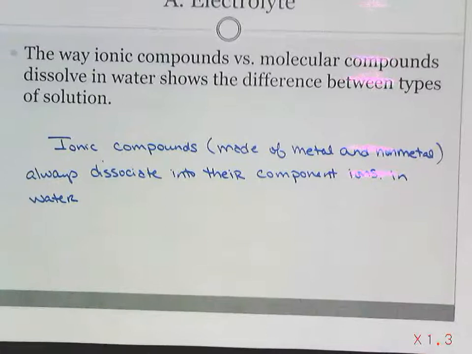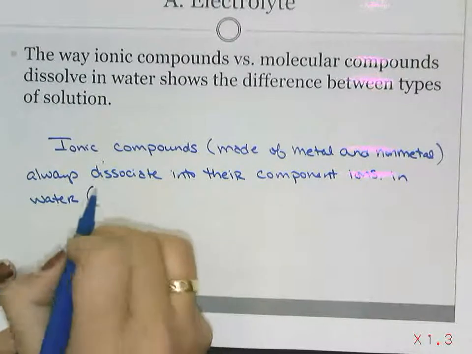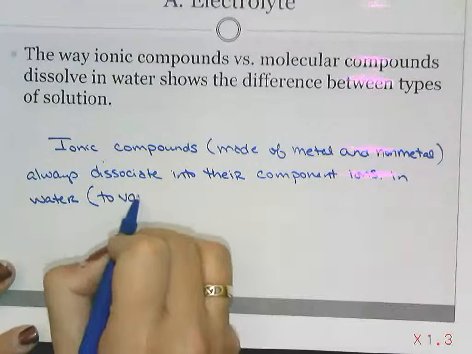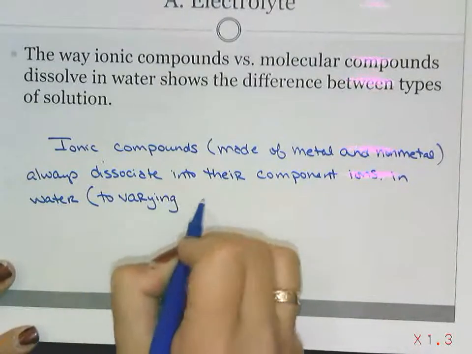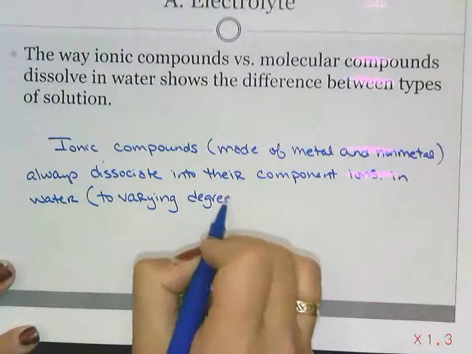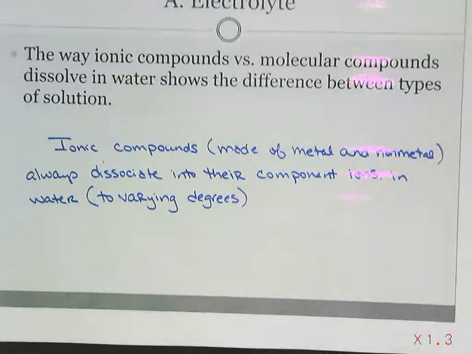We have ionic compounds always dissociating into their component ions in water. I'm going to put a little caveat in here: to varying degrees. Some completely dissolve, some will partially dissolve, and some will dissolve very little. They always break apart.